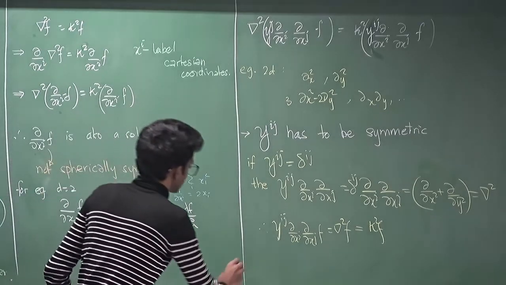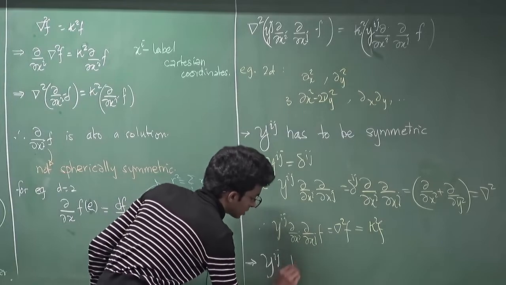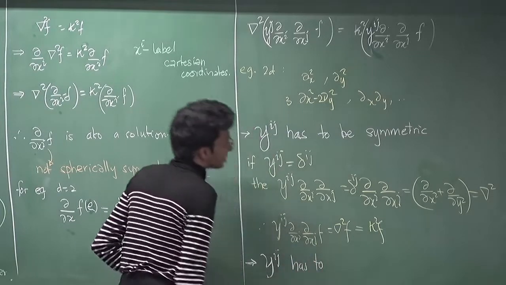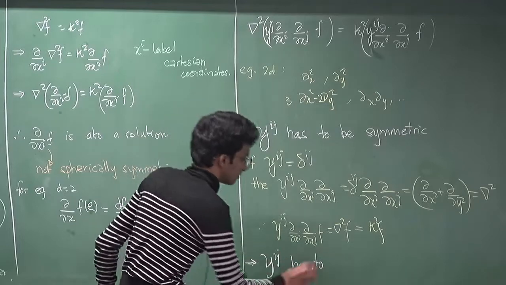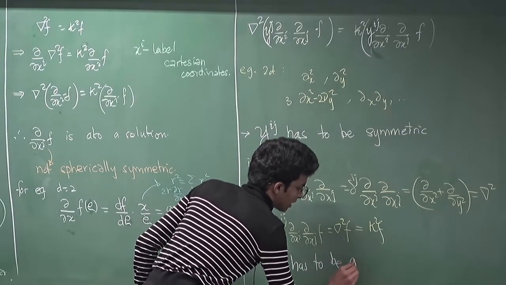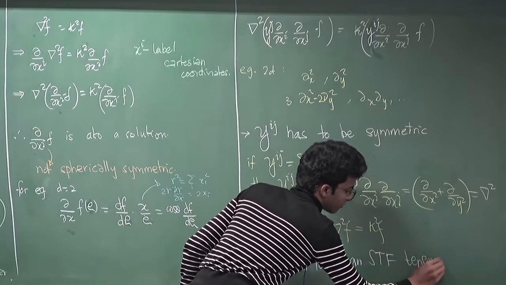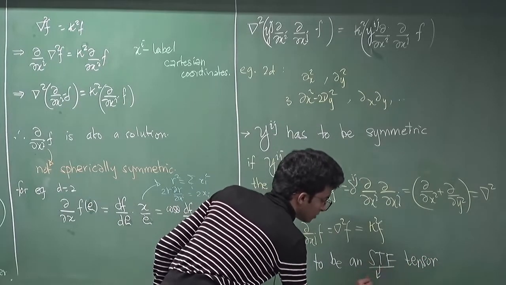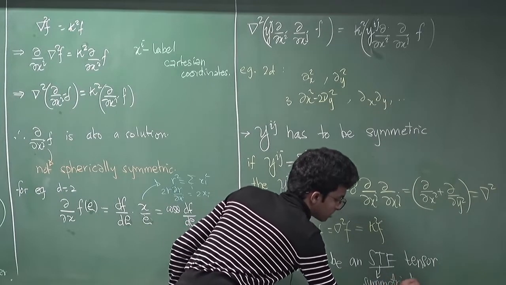Okay, Yij has to be traceless. So it has to be a symmetric, traceless or trace-free tensor. It has to be an STF tensor, where STF stands for symmetric, trace-free.